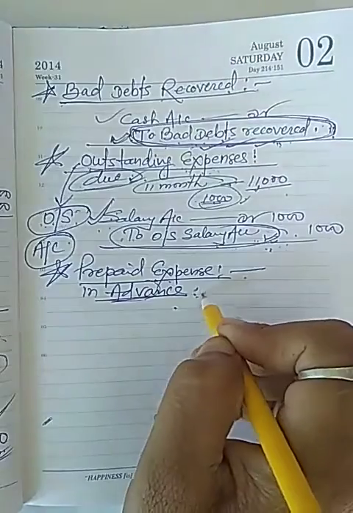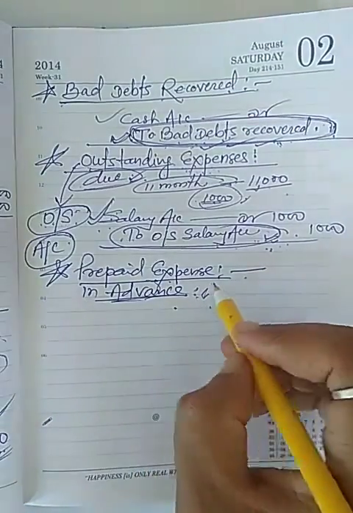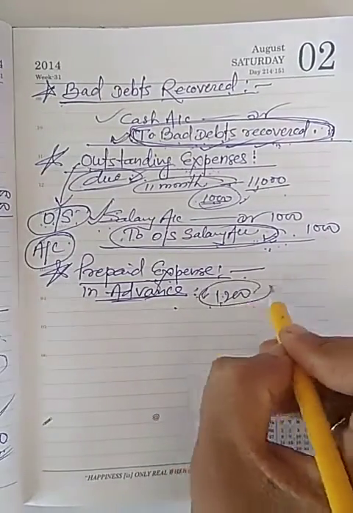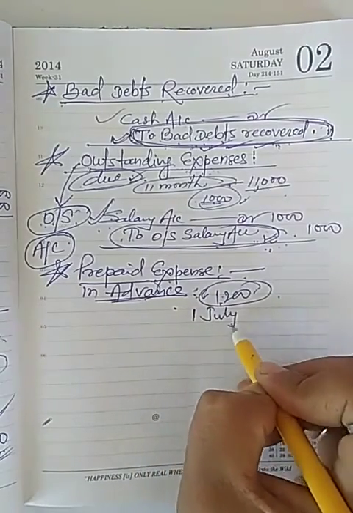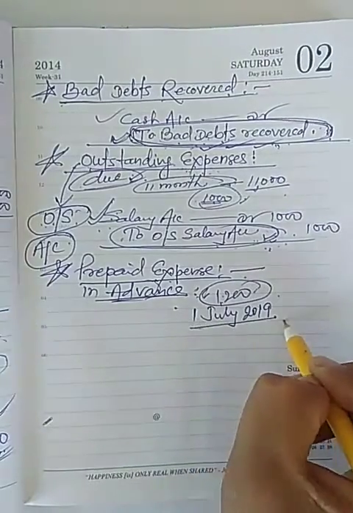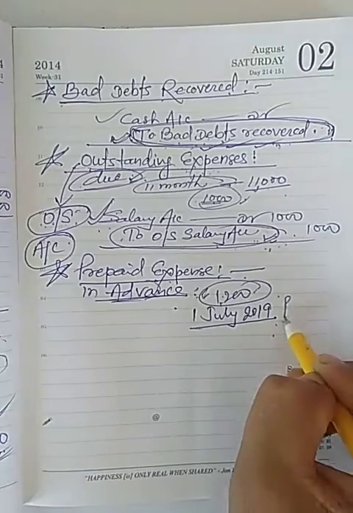For example, insurance premium amounting to 1,200 is paid on 1st July 2019 for 1 year.